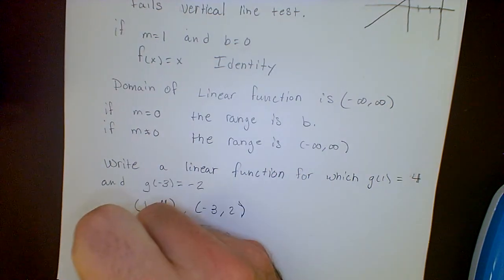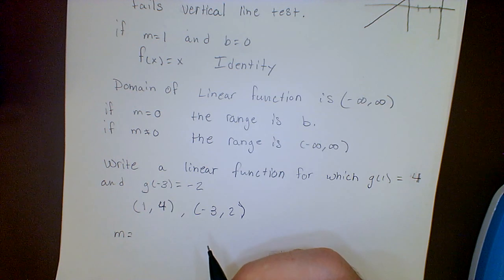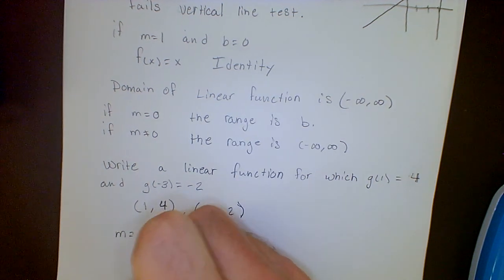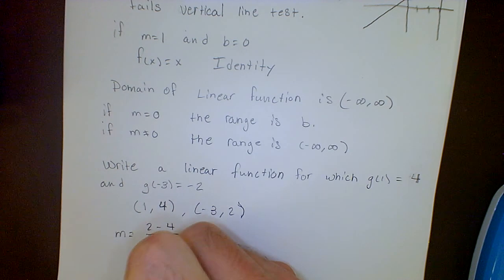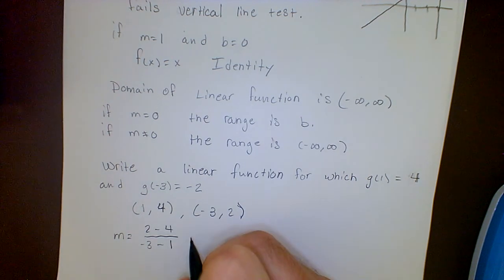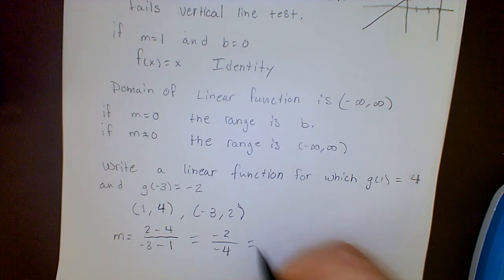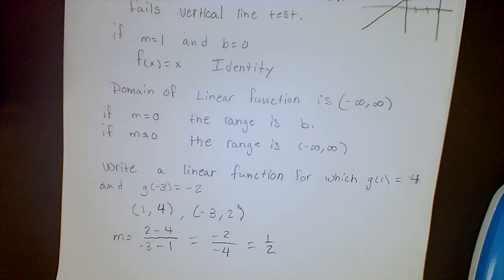We use the slope formula. m is equal to y2 minus y1 over x2 minus x1, so negative 2 minus 4 over x2 minus x1, which I first wrote as negative 2 over negative 4, which is positive 1/2. Oh, I'm sorry, I made a mistake.